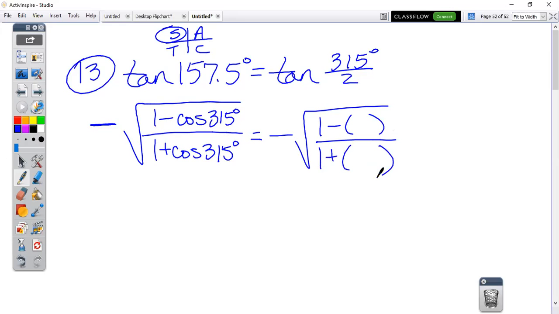I look at my chart. Cosine of 315 is square root of 2 over 2.